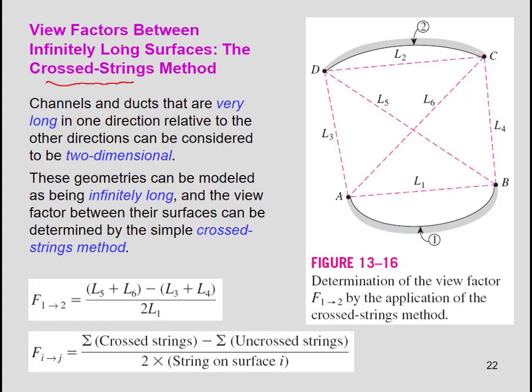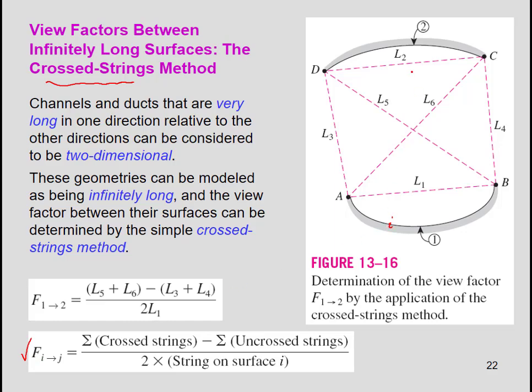So, view factors between infinitely long surfaces, surfaces 1 and 2. Imagine this is a duct. We are interested in finding a view factor between surface 1 and 2. We can use the crossed-string method. Simply, we can use this equation.